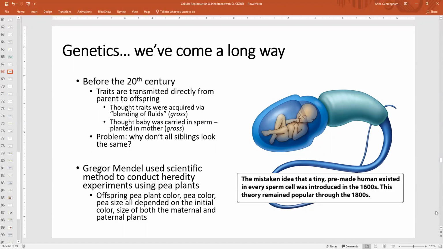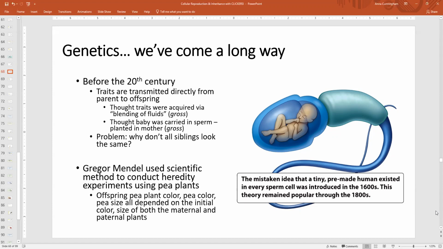But the reason that didn't make sense is because obviously we are not an equivalent blend of our parents. Some of us will have the exact eye color of our mother, or traits will be so similar to our mother or father. It's not a blend of the two, it's one or the other. So that one was not true, obviously.